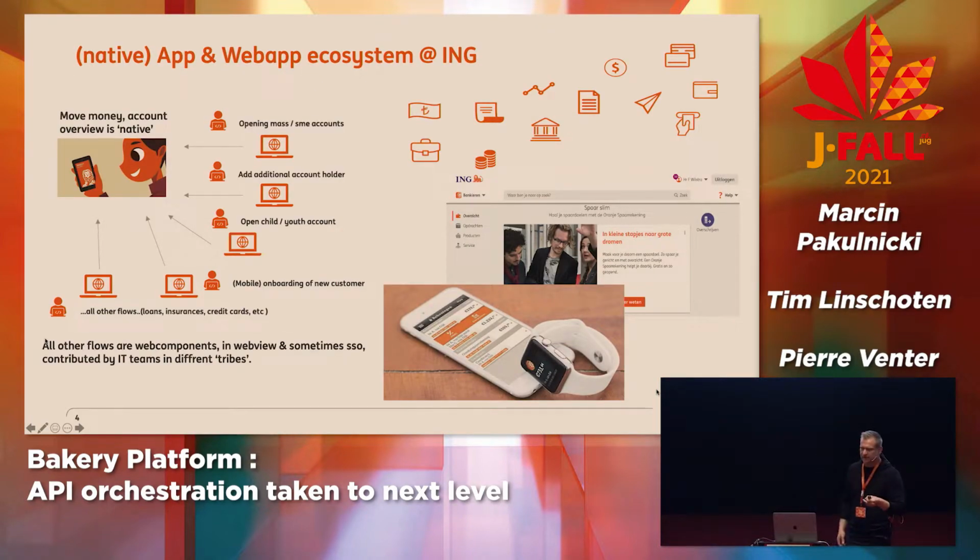Right before we're going to dive into the Baker library, just a few words for you to set the scene on what the place of Bakery and complex API orchestration is in our API landscape. So if we take the mobile app as an example, the mobile banking app of ING Netherlands is in itself a native app, being of course either Android or iOS, but only the real core is actually really native.